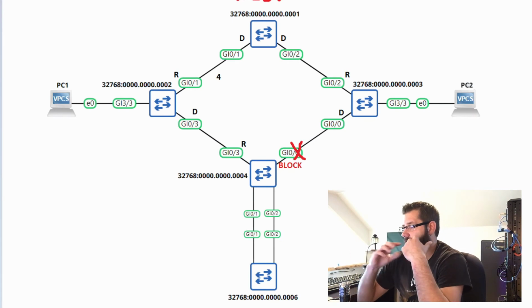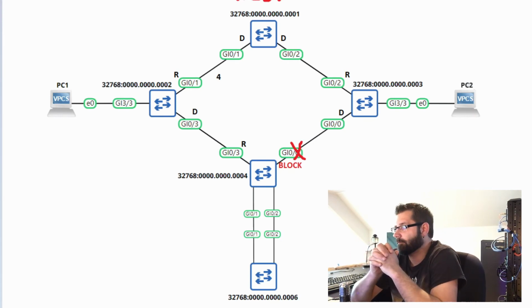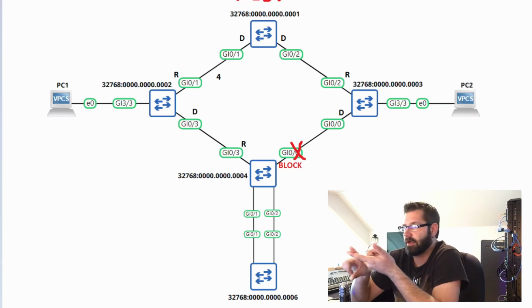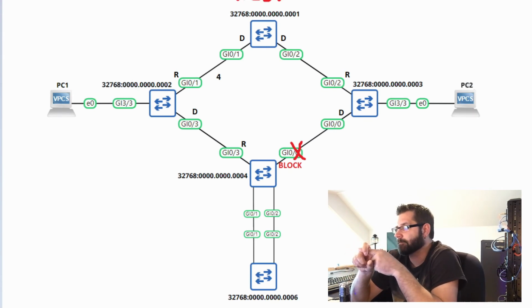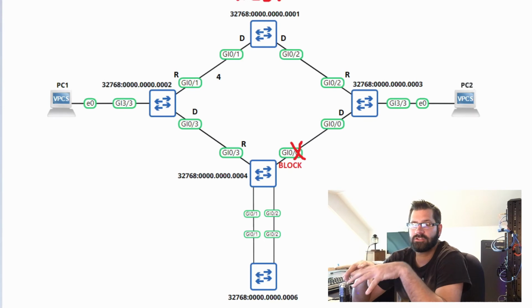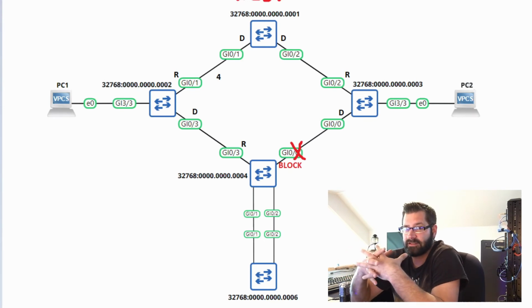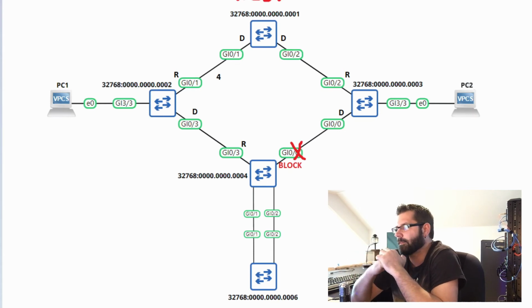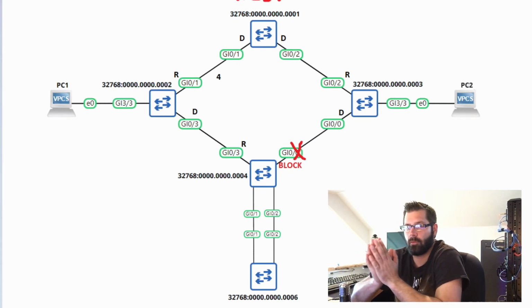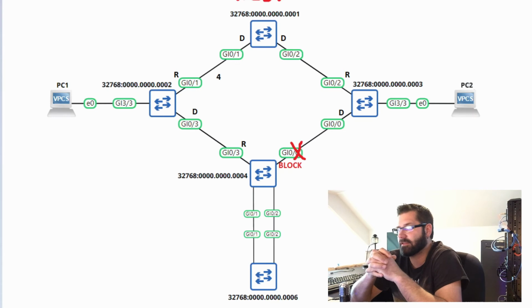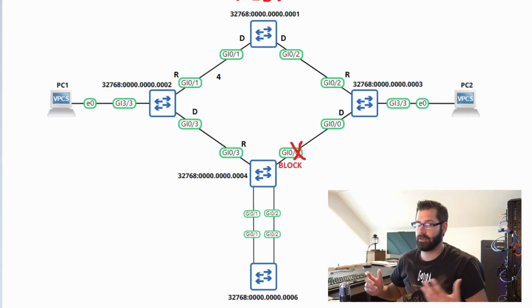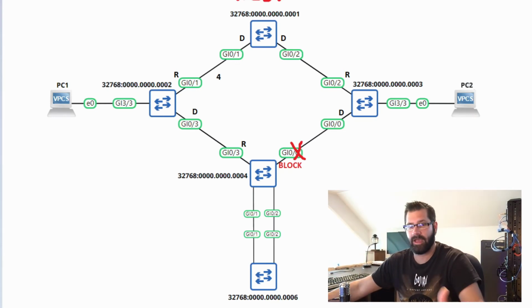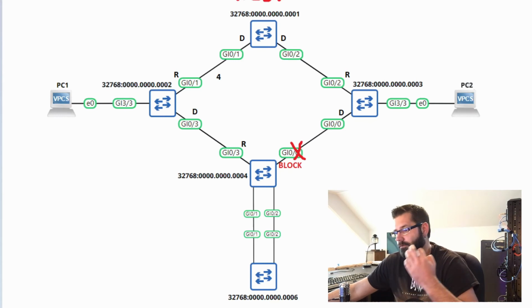Okay, so just to recap really quick, the root bridge is selected by the lowest bridge ID. On the root bridge, all of its ports are going to be designated ports. On every other switch, there needs to be one root port, and that's found by the interface that is the best path to the root bridge, the lowest cost path.